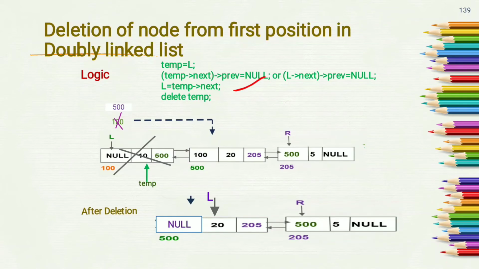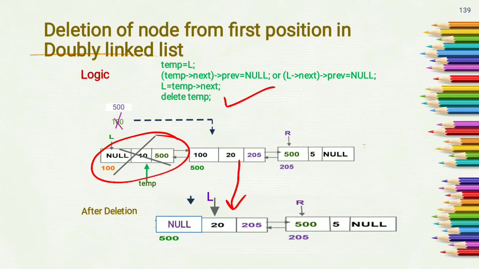So we have to write L equals to temp next. That means now L contains address 500 instead of 100 and it is pointing to this node. Finally we delete the first node by writing delete temp. Now we have a doubly linked list containing two nodes. First node having value 20 and second node having value 5.